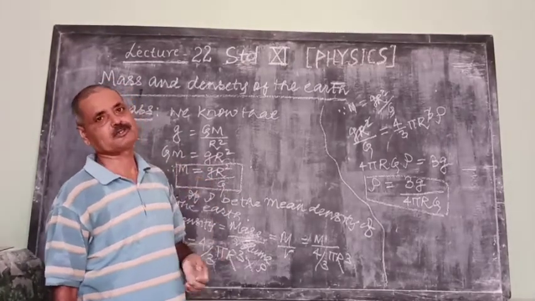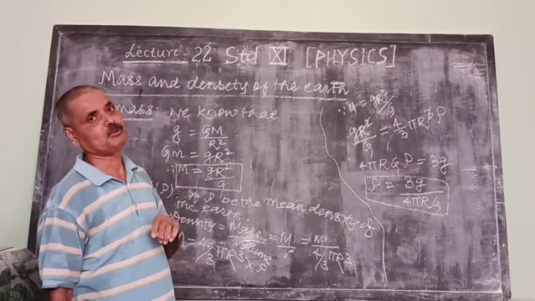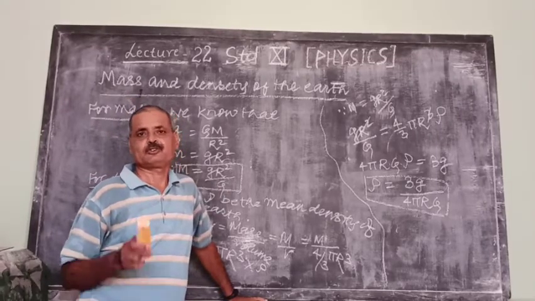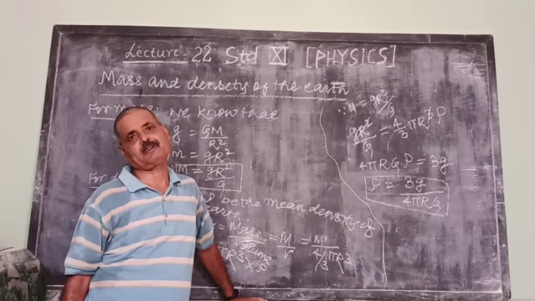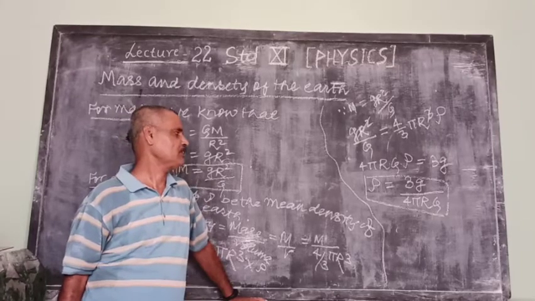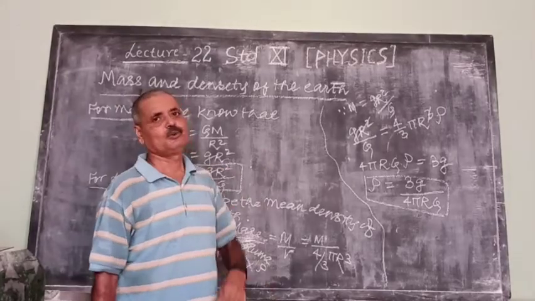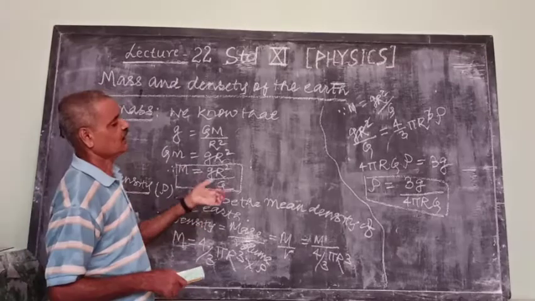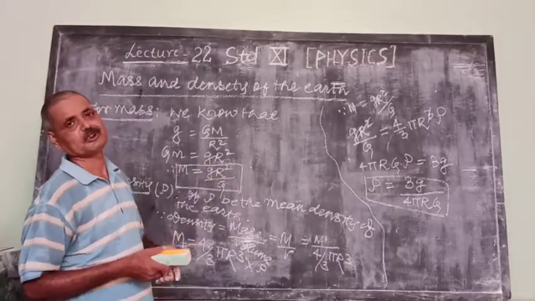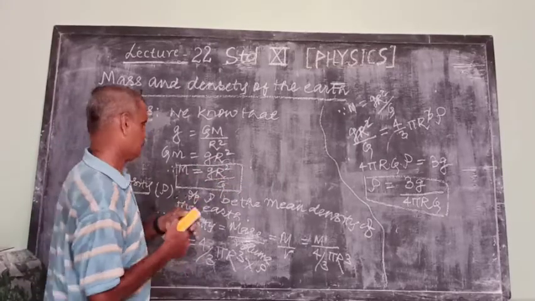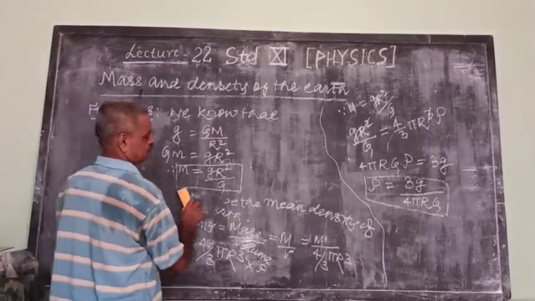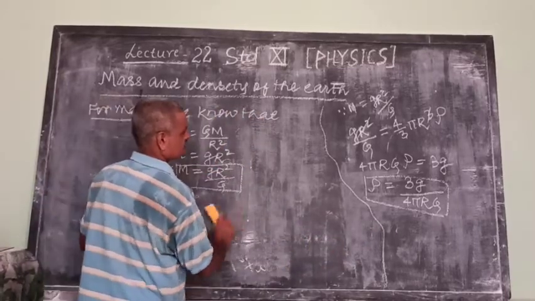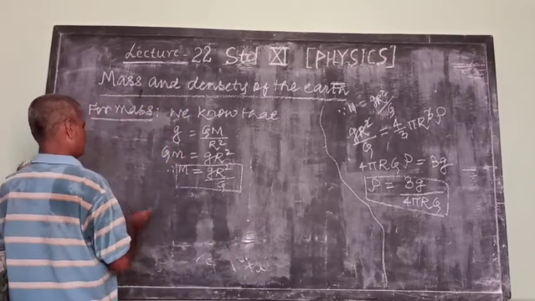The radius of the Earth is 6,400 kilometers, and the value of G is already constant, 6.67 into 10 to the power minus 11 in SI unit. So putting these values, we can easily calculate the mass of the Earth as well as the mean density of the Earth. First of all, we will write the calculation.